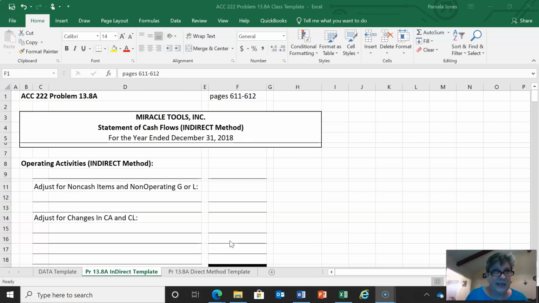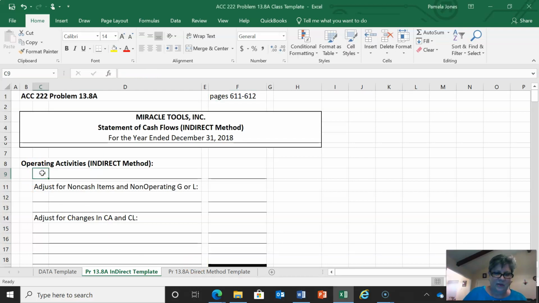That costs money. So just going ahead and doing the indirect method is preferable because it saves time and saves money. International corporations, though, have to use the direct method because international financial accounting standards require the direct method. All right, so let's look at what the indirect method looks like.